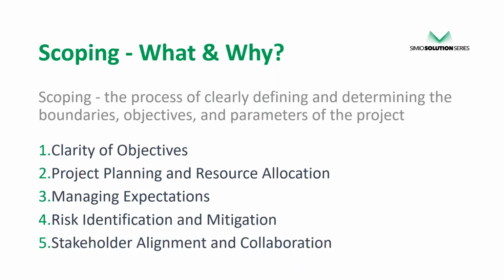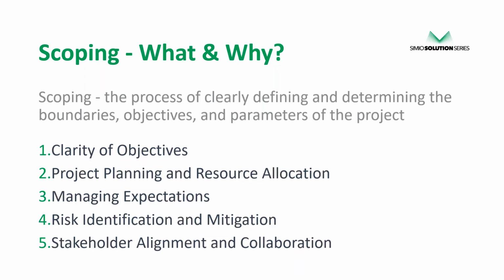So within scoping, I think those are the 5 big buckets that we're going to talk about today as it relates to scoping. And I really think these are kind of the 5 expectations, if you will, of scoping as you're going into this effort. So we'll definitely go into each of these, but the big one, number 1, clarifying objectives, I think is the most important in the scoping effort.